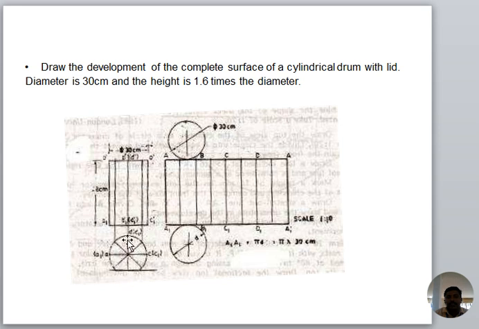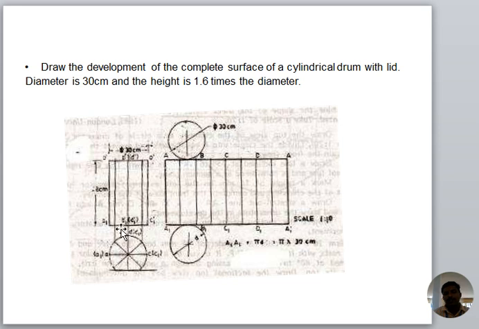First of all, draw the circle and divide it into 8 equal parts, then project each edge, the generators, into the top view and the front view to draw the rectangle in the front view.